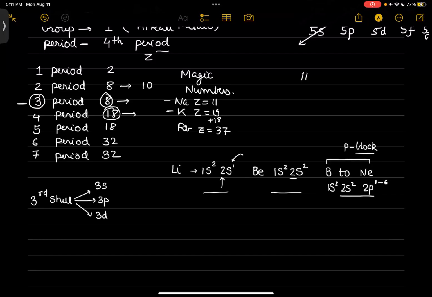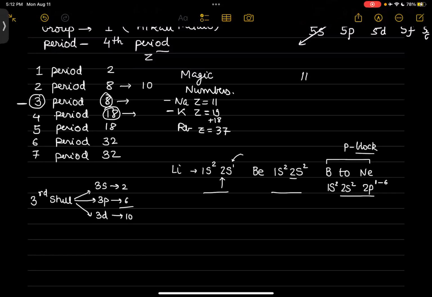Got it? So these can have 2 electrons, 6 electrons, and 10 electrons, but we have only 8 elements, and only elements belonging to the S block and P block in the third shell, in spite of having a D subshell. Why is it so, Nabila?